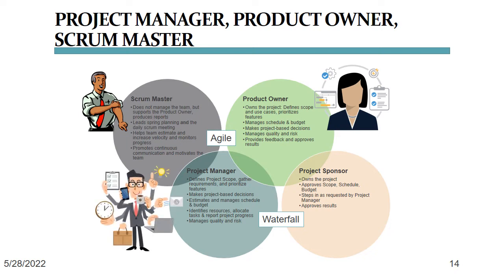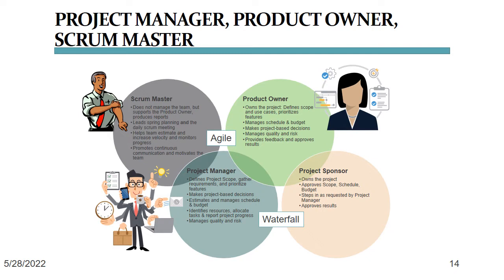Sometimes large Agile projects have a project manager. A project manager, however, is a default in a waterfall project. That's why this role is in the middle here. The project manager in a waterfall project defines the project scope, gathers the requirements, prioritizes the features, and does a lot of the functions that in an Agile context the product owner does.